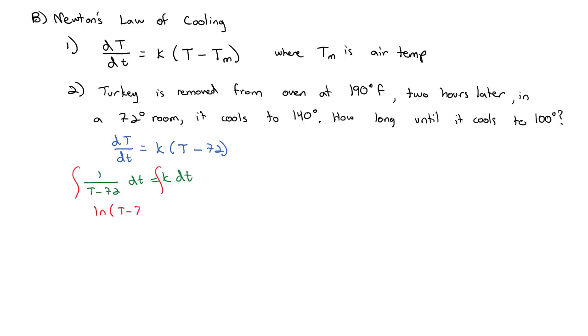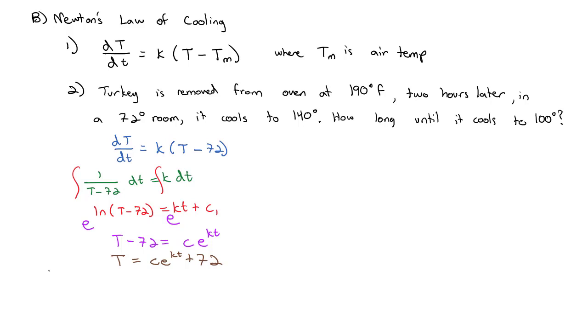The natural log of temperature minus 72 is equal to kt plus some constant. Exponentiating both sides, we get T minus 72 is equal to e to the kt times e to the c1, which is just another constant. And I can add the 72 to both sides to get c e to the kt plus 72, modeling the temperature of the turkey.